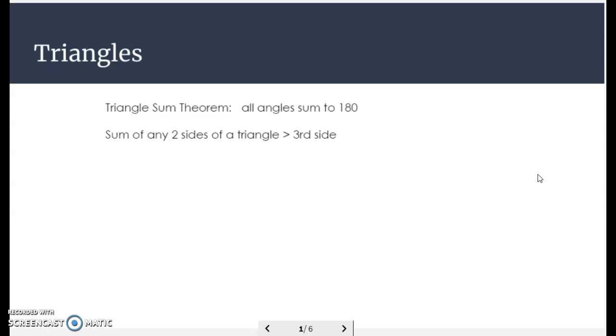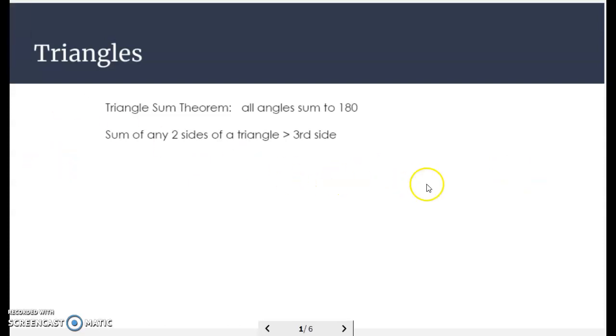So sometimes you'll come across problems where they give you the lengths of the three sides of a triangle, and it can only be a triangle if you take any two of those sides and they are greater than the third side. If you can take two and say they're less than or equal to it, then it would not be a triangle. Okay.